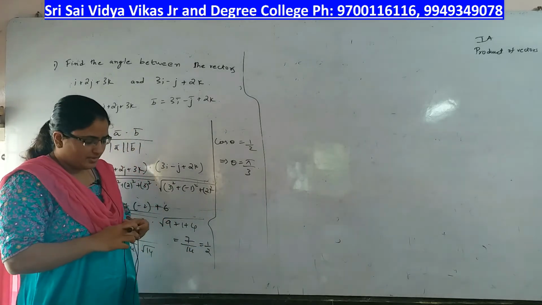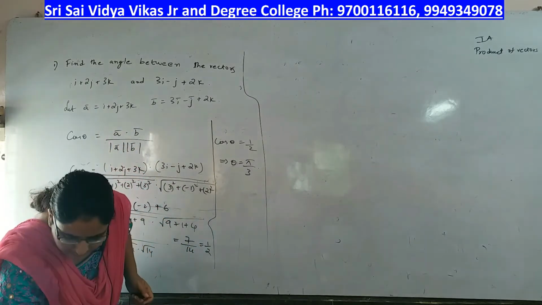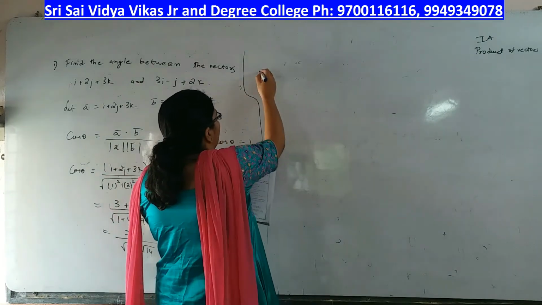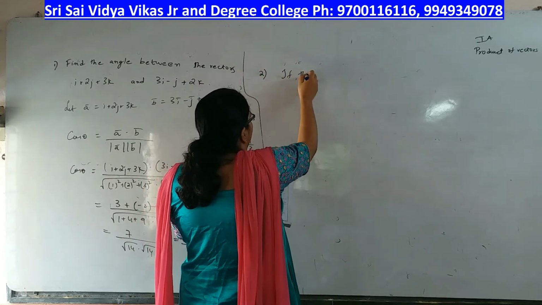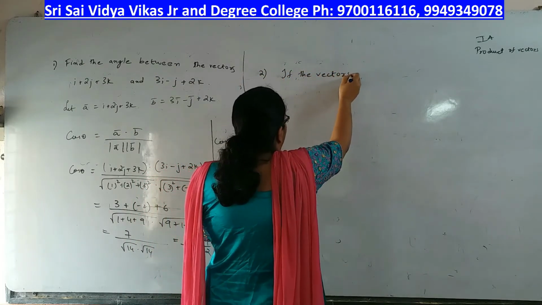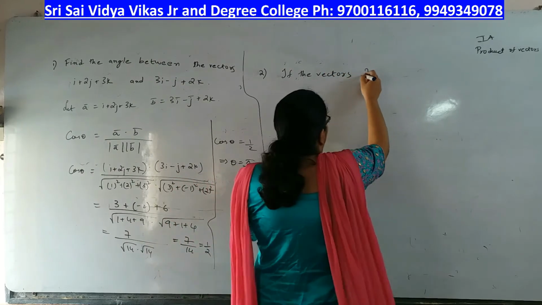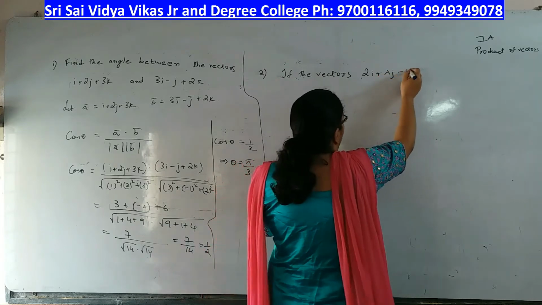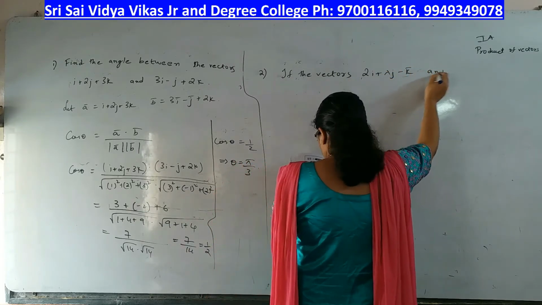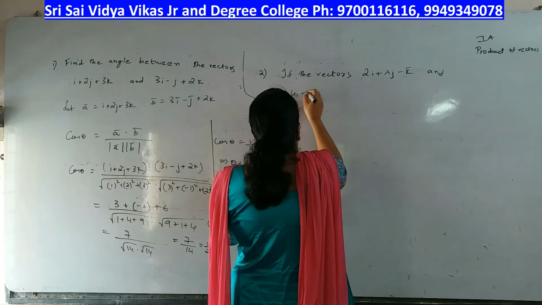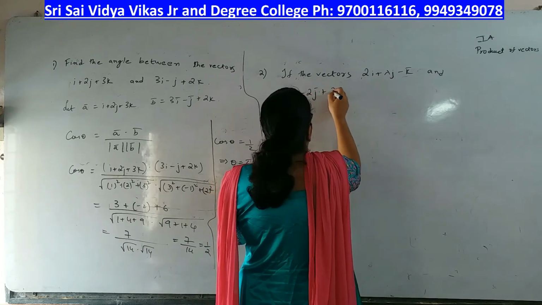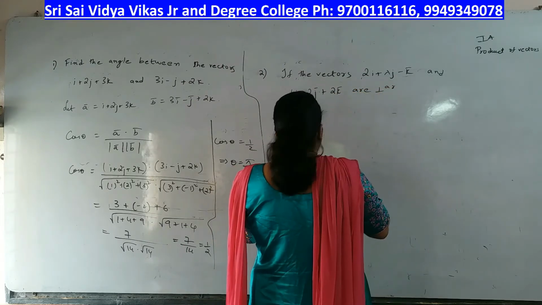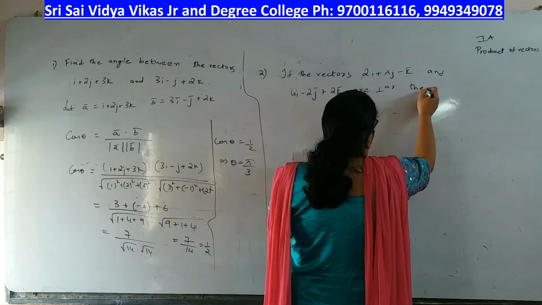Let us discuss the next question. If the vectors 2i plus lambda j minus k and 4i minus 2j plus 2k are perpendicular, find lambda.